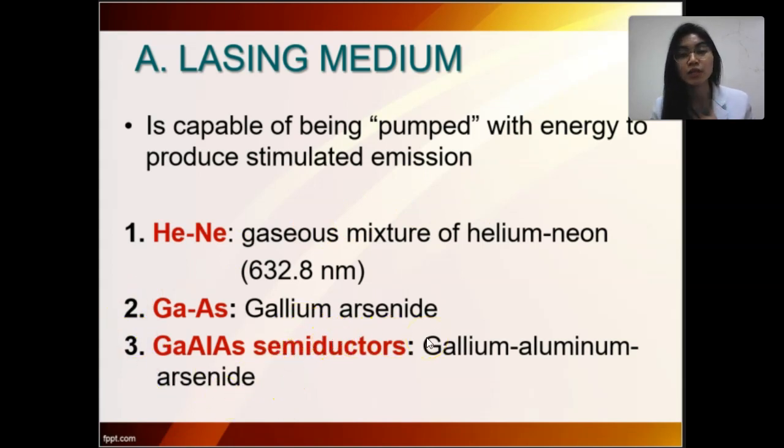This is a mixture naman of gallium, aluminum, arsenide. In your helium-neon, it has 632.8 nanometers, while your numbers 2 and 3 lasing media produce radiation at about 630 to 950 nanometers.